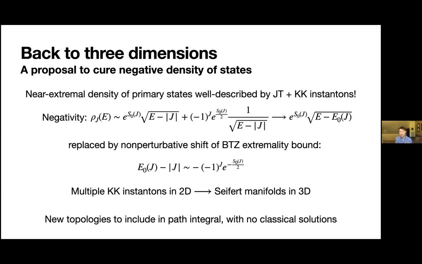The JT result can't be precisely true in 3D gravity once you go very far from the edge. But you might expect it to hold at all orders perturbatively near the edge, perturbatively in the twist.